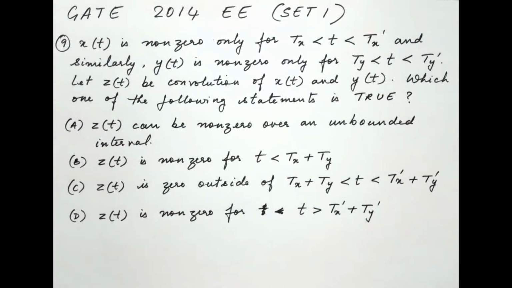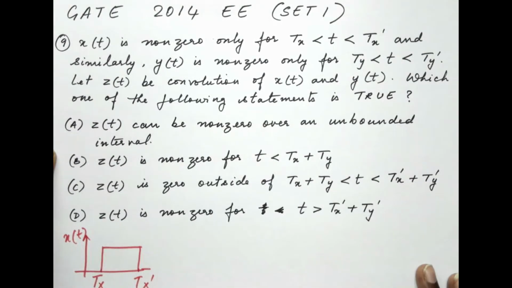So if we are to draw the upper bound and the lower bounds of the functions, let's start with x of t. Here we have x of t this way, and it is non-zero for tx and tx dash.